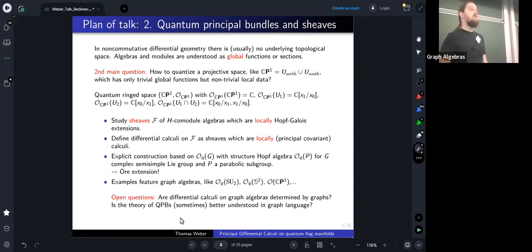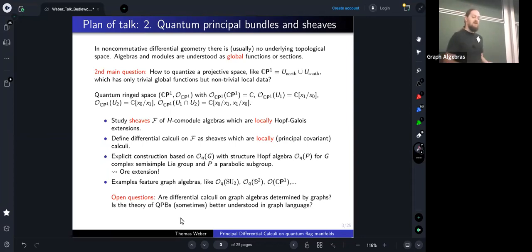So what are we going to do if we don't have very many global sections? Here we can look at CP1, and we look at holomorphic functions there, where of course we have just constant ones, so only trivial global functions, but we have non-trivial local data.